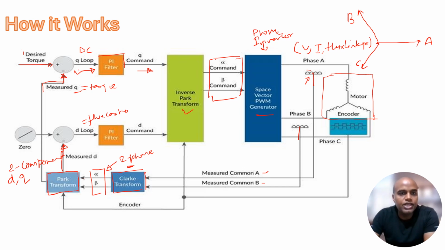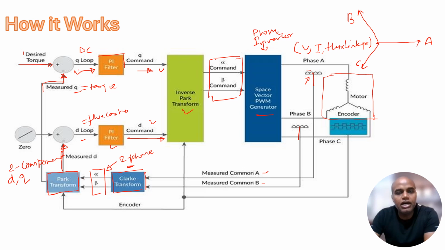Similarly, for the D axis, the same PI control is done over here, and the same command goes to my inverse Park transformation. So the Q and D produced from the PI controllers go to my inverse Park transformation, which converts them into the alpha beta command.